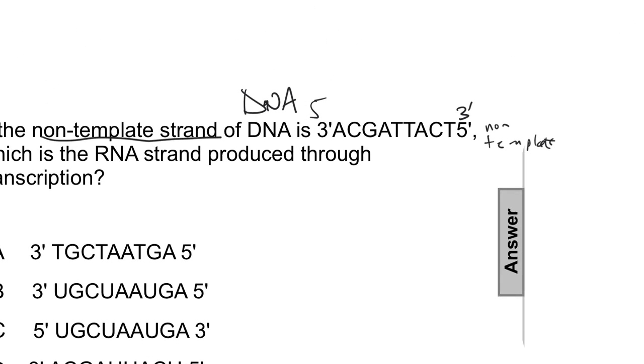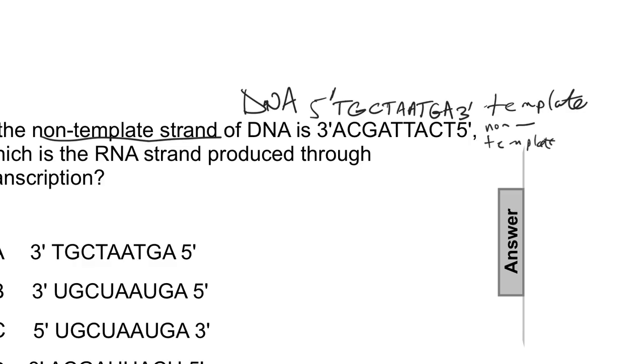Well, then up here would be the template strand. The one I'm starting here. And since it's DNA, I have to use DNA nucleotides. So I'm not going to put a U there because it's DNA. T, C, G, C, T, A. Not a U, T, G, A. Okay, so that's DNA. Now I'm looking for what's the mRNA strand.